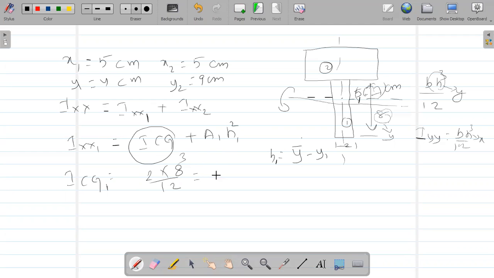You have to calculate the value. Tell me what value you are going to get for 2 into 8 cube by 12. I hope it is clear now. If you have any doubts, please comment in the chat section. So what is the answer you are going to get?